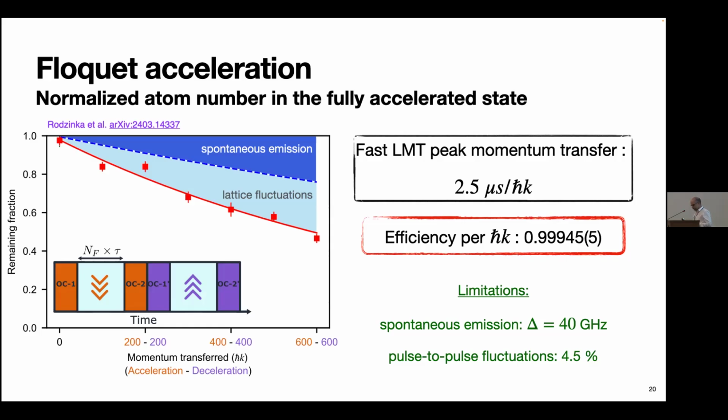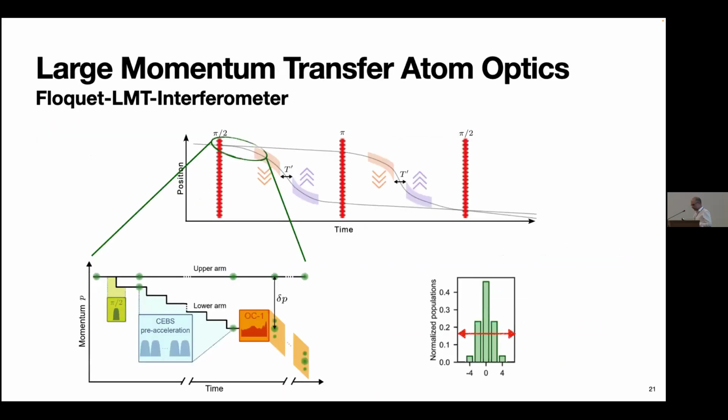So we have a nice acceleration, and then we try to implement that technique in an interferometer. For that, you accelerate, then you decelerate one arm, and you do the symmetric acceleration and deceleration on the other arm. This is how you do the LMT interferometer.